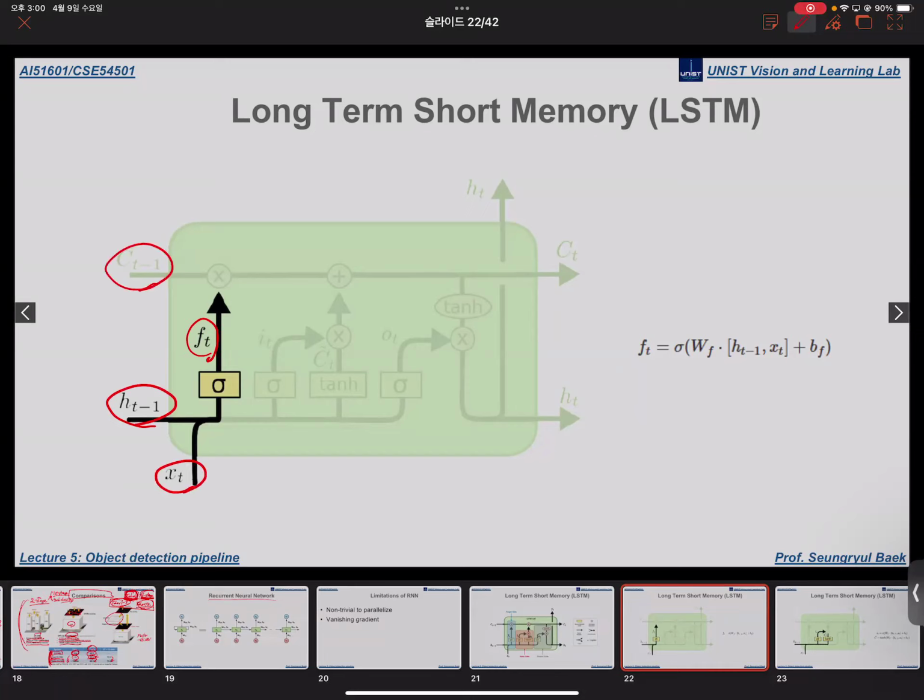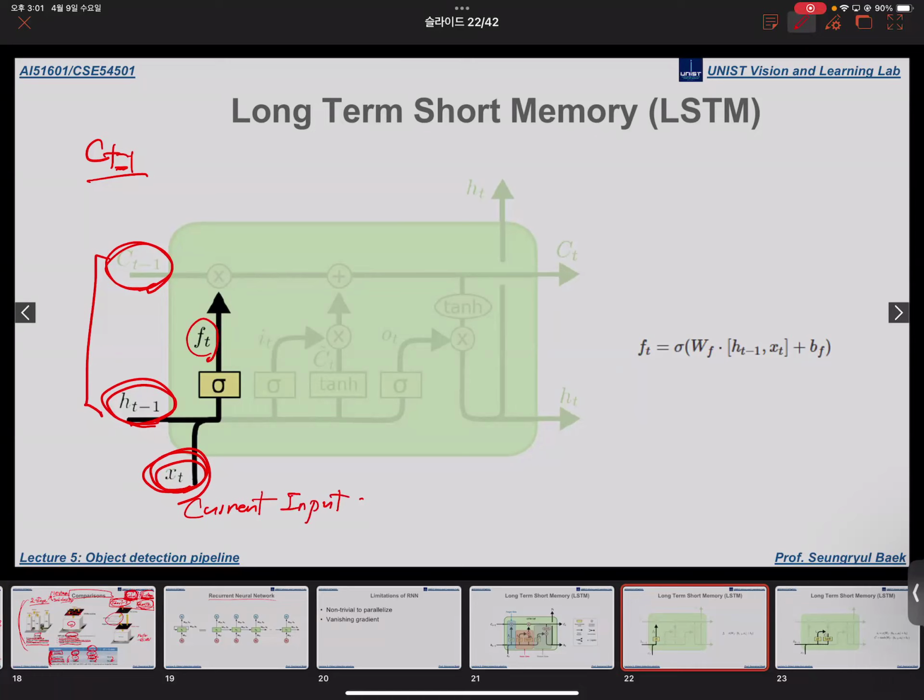These inputs are coming from the previous time step's output. C_{t-1} denotes the previous time step's cell state, and H_{t-1} represents the previous layer's output or hidden state, and X_t means the current input.